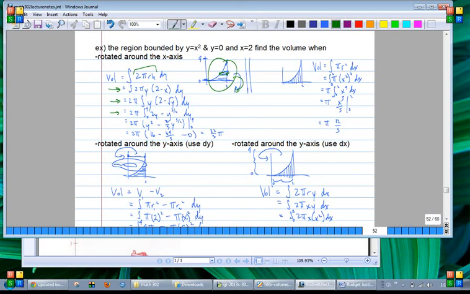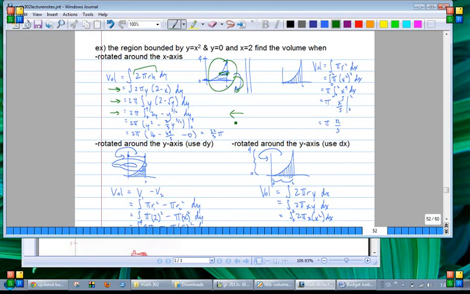You get 2 pi times y squared minus 2/5 y to the 5 halves, evaluated from 0 to 4. You plug it in, and you work out the arithmetic, and you wind up with 32 over 5 pi, which is the same as doing it the other method.